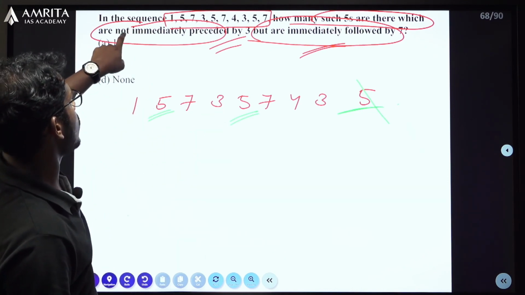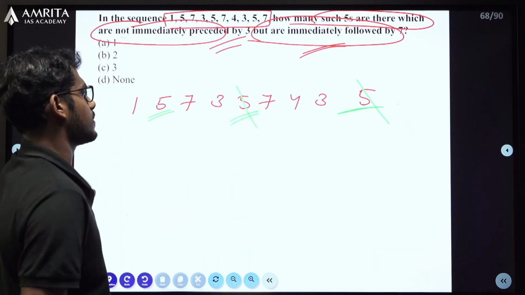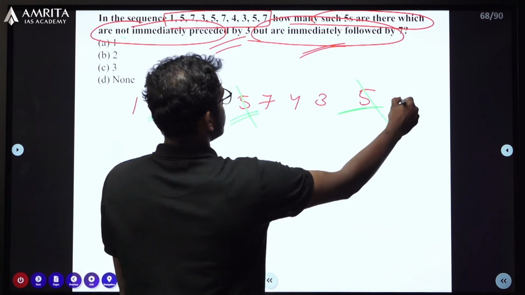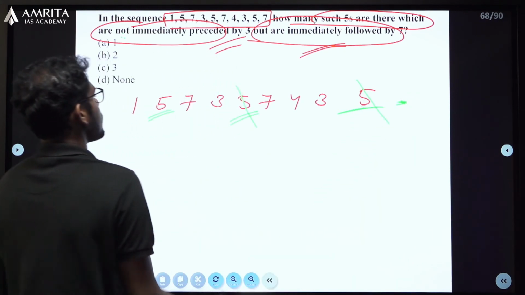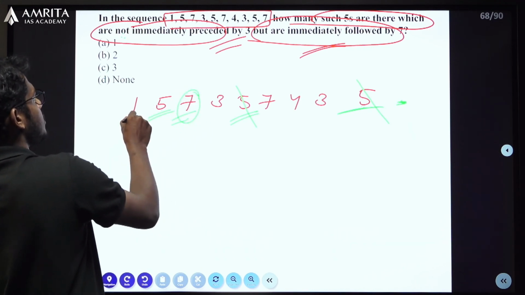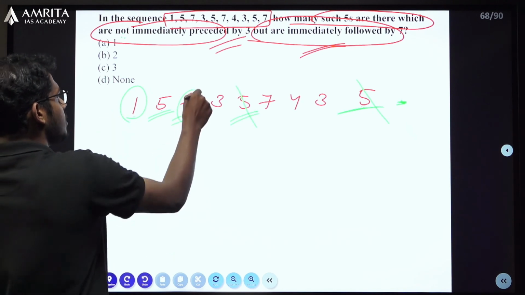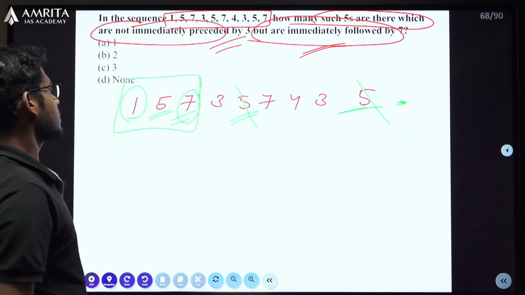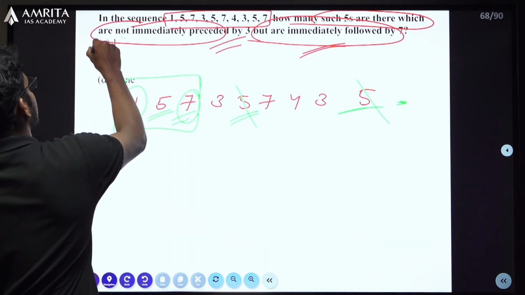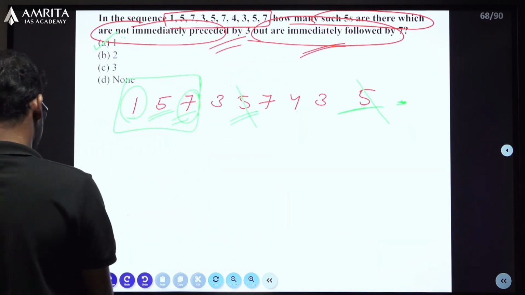So it is preceded by 3 and it is cancelled. Here, why is it cancelled? It is not followed by 7. Next, this 5 is immediately followed by 7, but it is not immediately preceded by 3. It is preceded by 1. So only one 5 follows the specific condition. Clear? Okay.